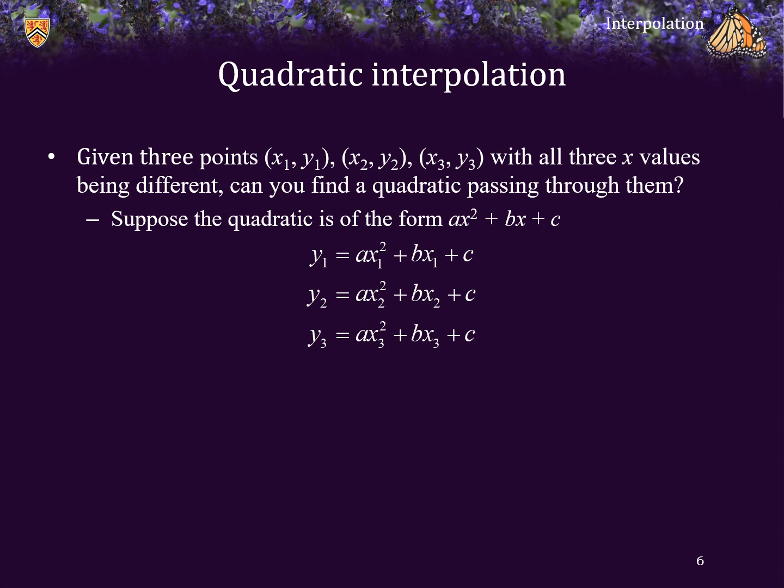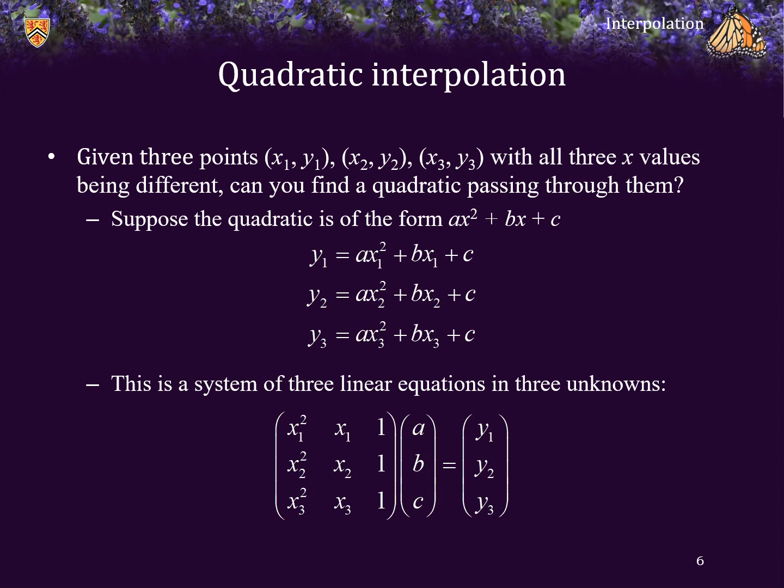All right, now remember that x1, x2, and x3 are all given. Therefore, they are constants. Therefore, this is nothing more than, again, a system of 3 linear equations in 3 unknowns with the matrix we see here, the unknown vector a, b, and c, and the target vector of the y values.